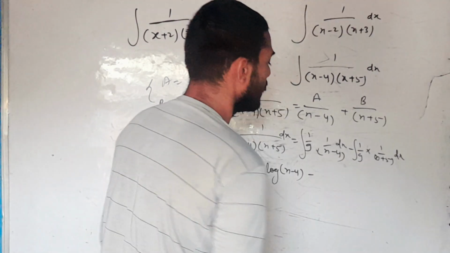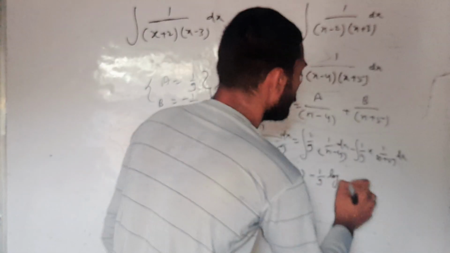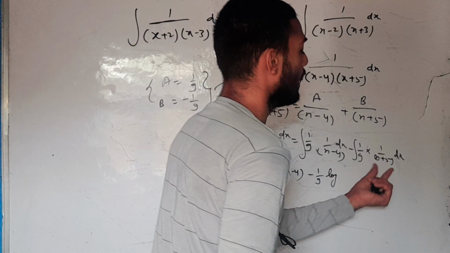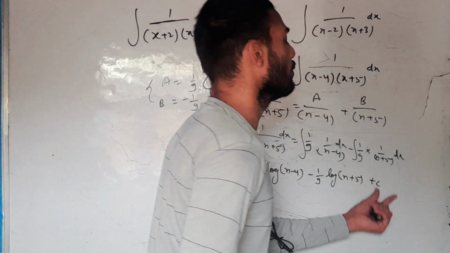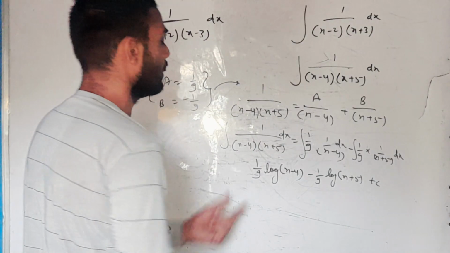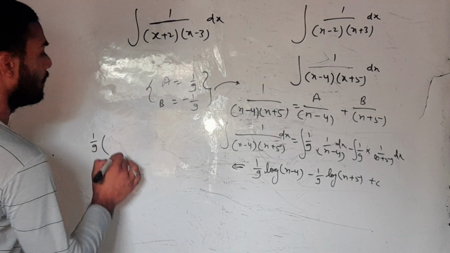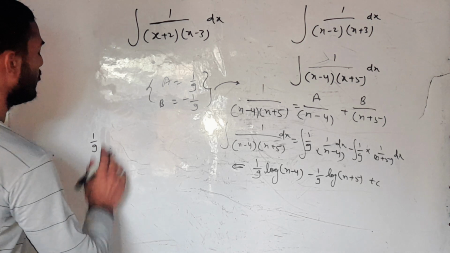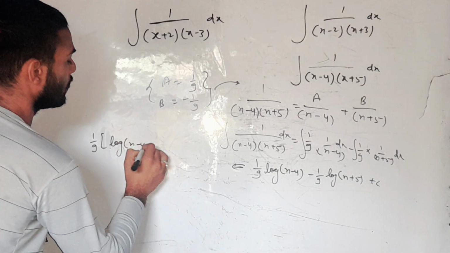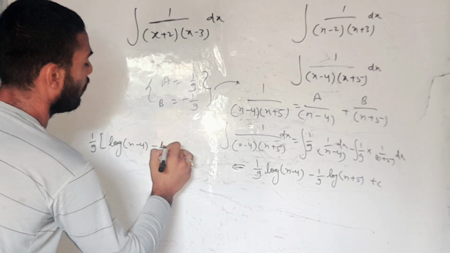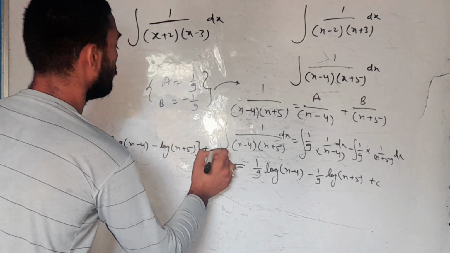This will be minus 1 upon 9 log of (x plus 5) plus c, where c is the constant. 1 upon 9 will be common, so we get in the bracket log(x minus 4) minus log(x plus 5) plus c.